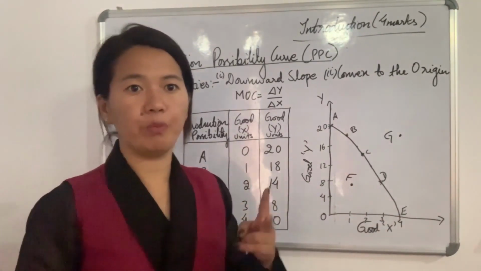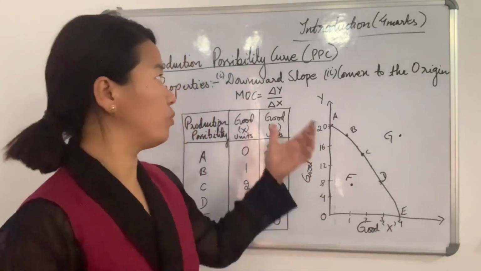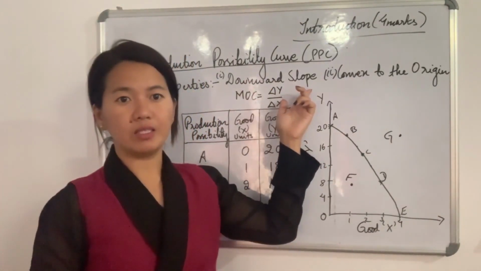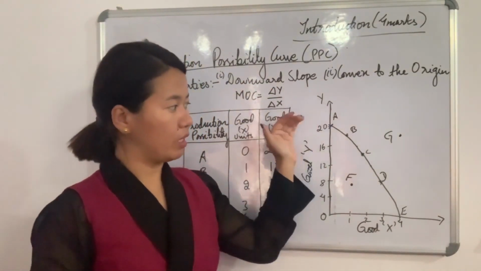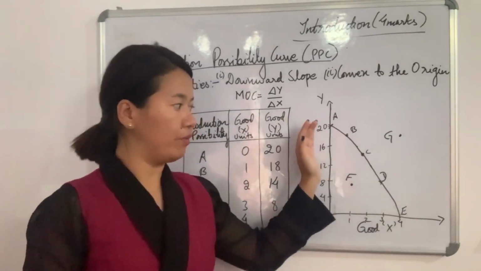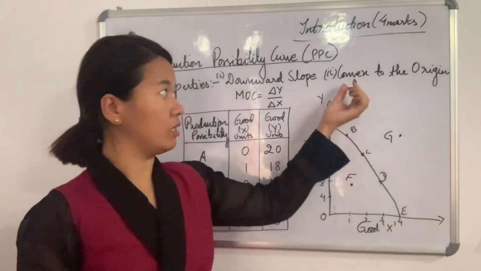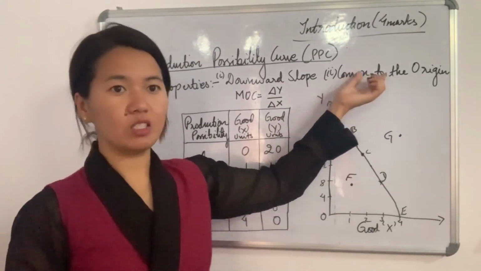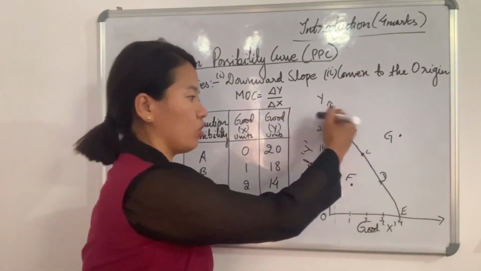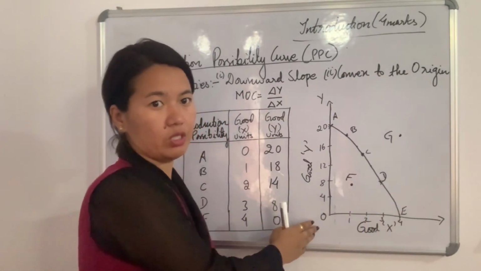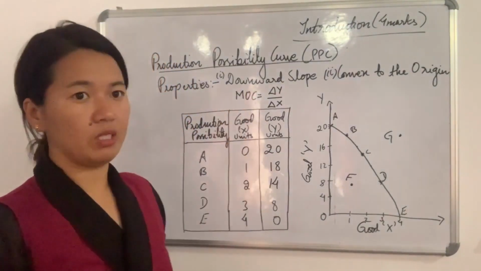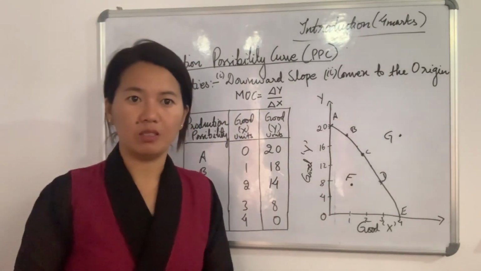And there are two main properties of PPC. The first one is that PPC is downward sloping, which means that it slopes downward from left to right. And the second property is that it is convex to the origin. Let's go to the first property, that PPC is downward sloping.